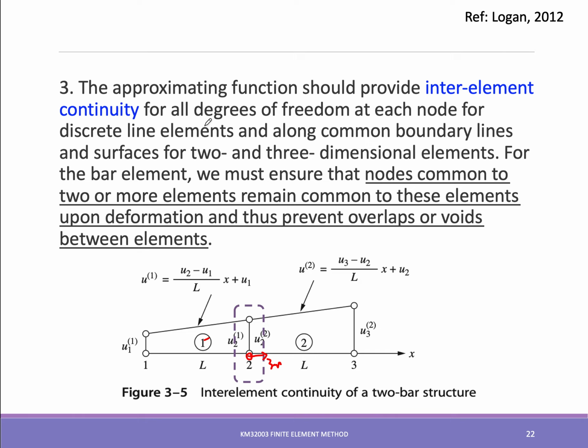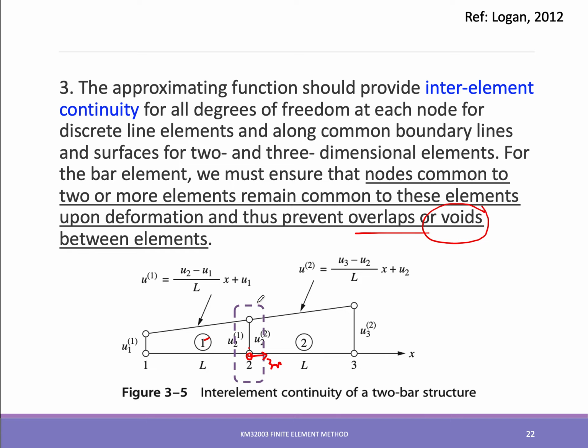So therefore here, the third guideline that you may need to take care of or check is that the common nodes must remain common. You don't want it such that due to element number 1 the displacement is 3, due to element number 2 at this common node the displacement is 2. They are not matching. Therefore, if they are not matching, there is a possibility of overlap or a void, right?